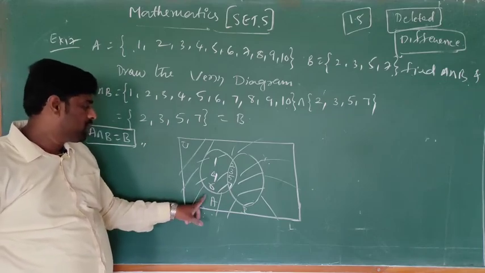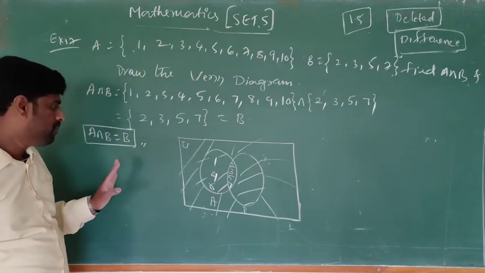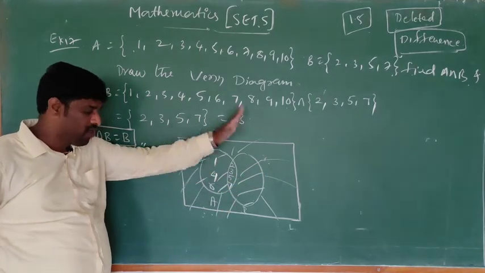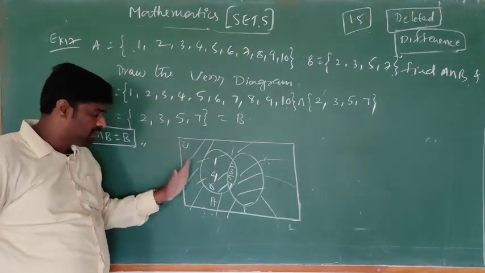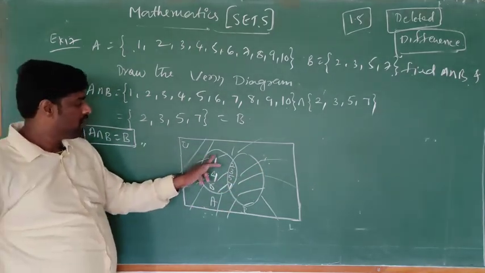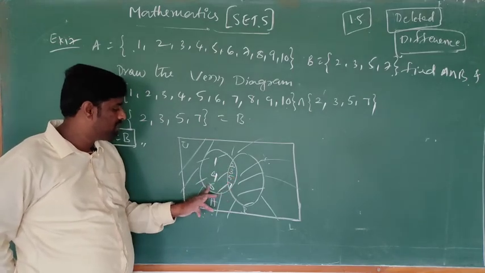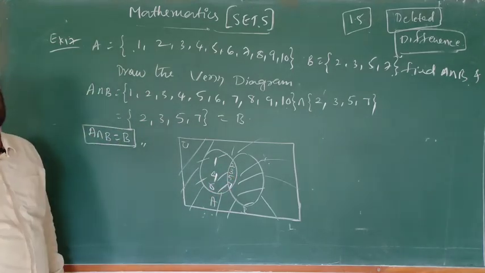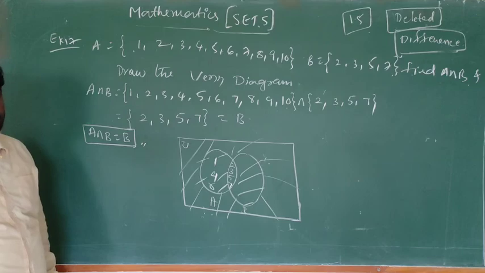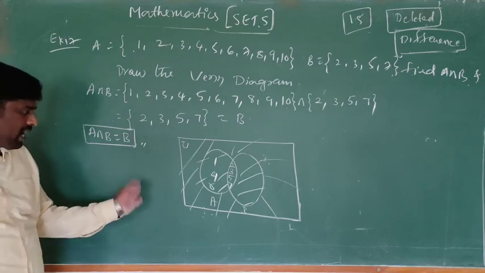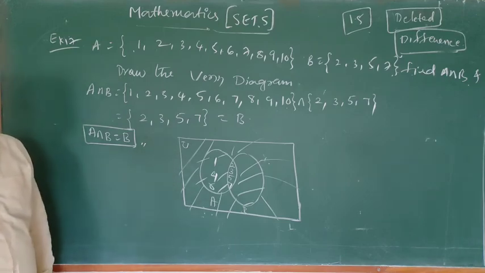And by using the Venn diagram, A union B is all the elements of A and B: 1, 2, 3, 4, 5, 6, 7, 8, 9, 10. All the elements of A and B is A union B.